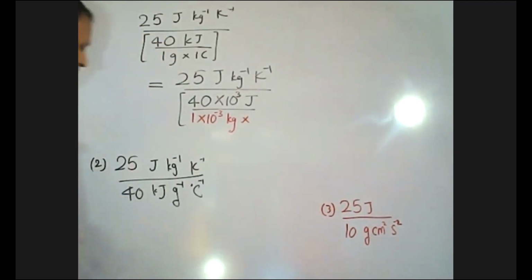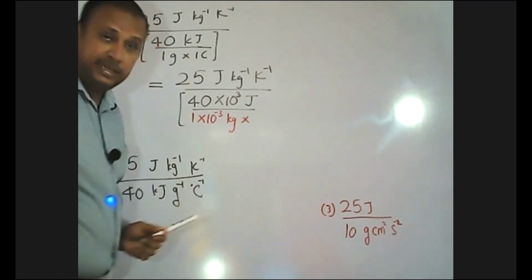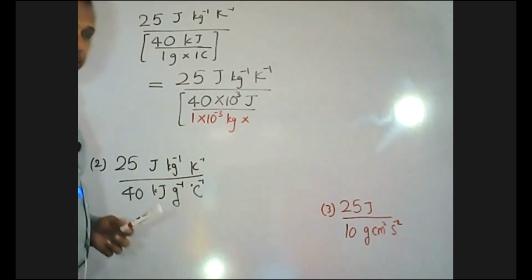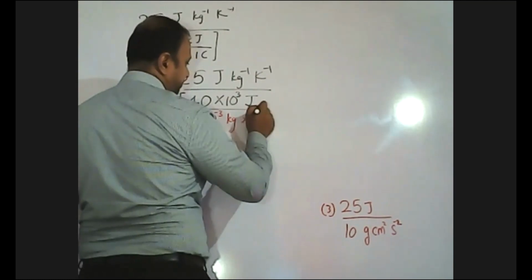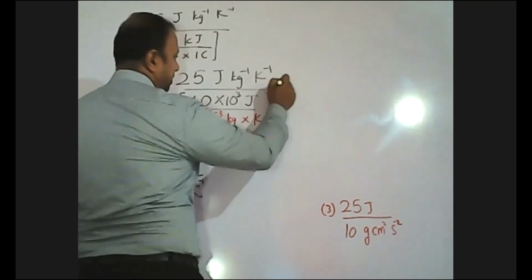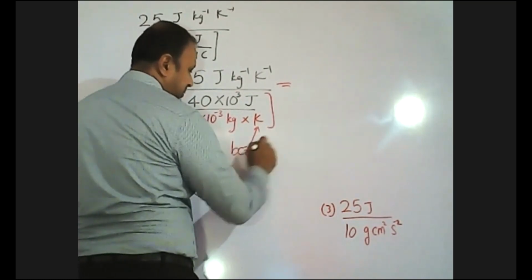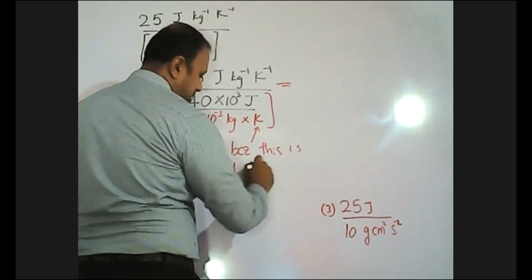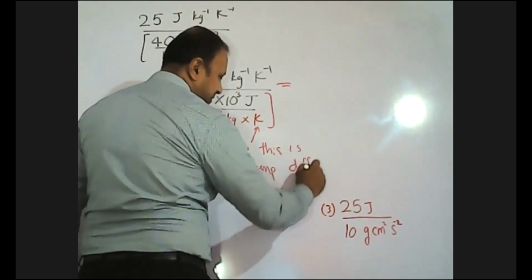Temperature difference. If I write it as Celsius or Kelvin, it doesn't mean the value is the same. So I can write it as Kelvin, because this is a temperature difference.